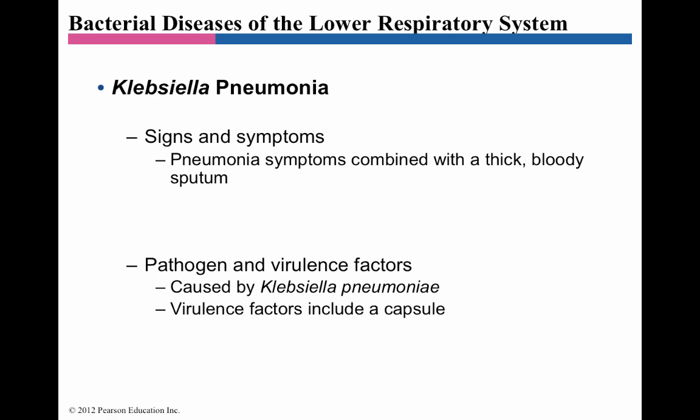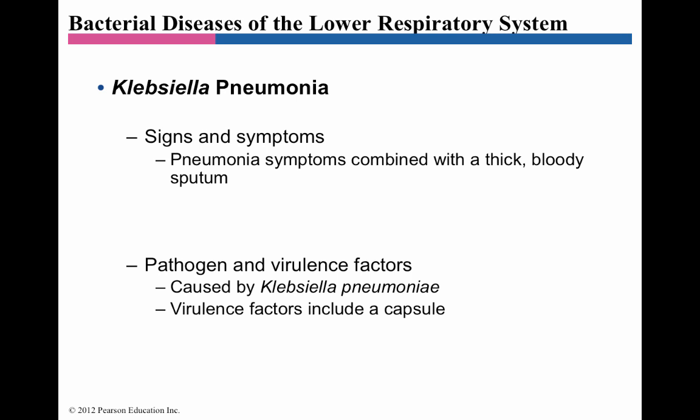So this is a nosocomial pneumonia. Signs and symptoms are going to be basically everything we talked about before. We're definitely going to see a thick, bloody sputum being coughed up because alveolar cells will die and release blood entering the lungs.